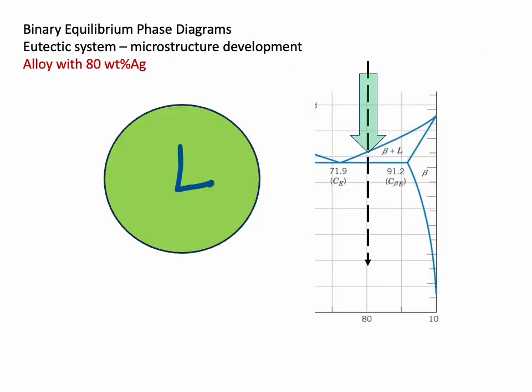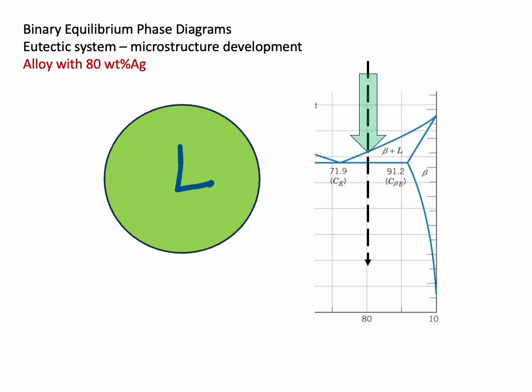Okay. So we just looked at an alloy where I had less than the eutectic composition, less than 71.9 weight percent silver. I had less than that, and we call that a hypoeutectic alloy.